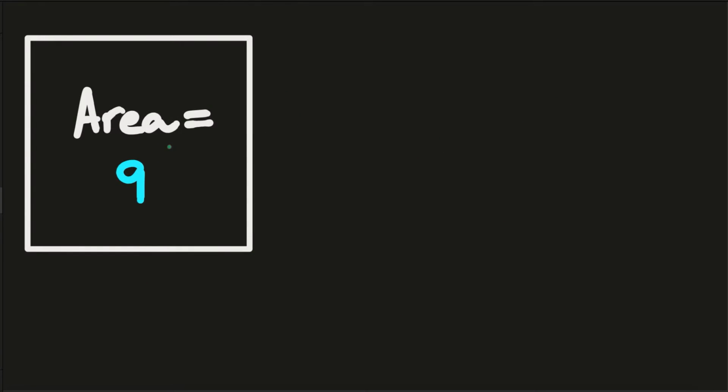Now let's say we have a square with an area of 9. We're going to call each side s. And again, we can set up an equation that says s times s equals 9. So what number times what number equals 9?